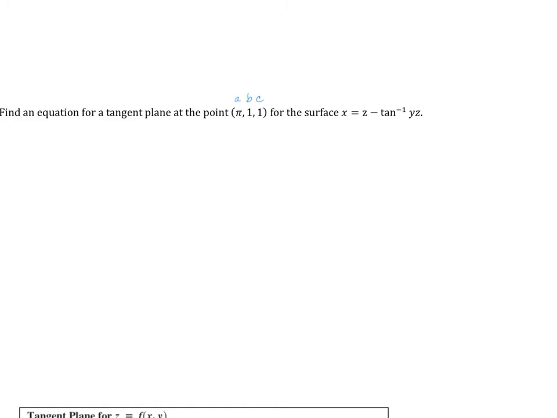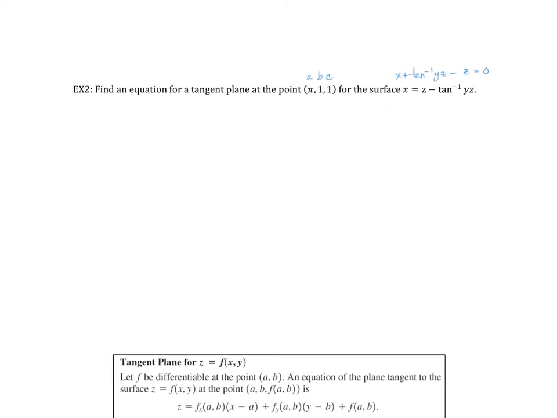If I go ahead and set this equal to 0, I get x plus tangent inverse of yz minus z equal to 0. So now that I have it in implicit form, I can go ahead and correctly identify my gradient vector. My partial with respect to x is 1.